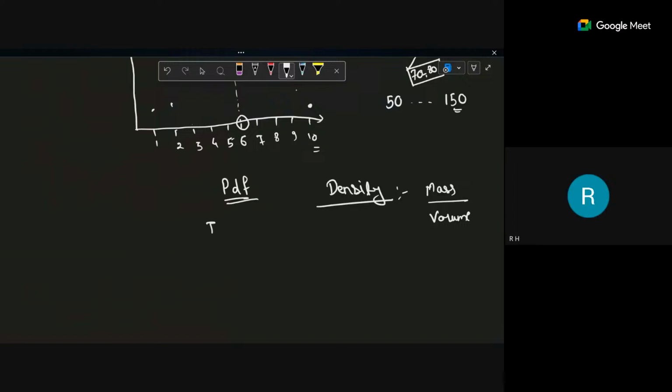Because we are interested in intervals. Why are we interested in intervals? Because our random variable is continuous, which will not allow us to calculate probability for a single number, right? That's why we are interested in intervals. Once intervals are there, every interval has a length.